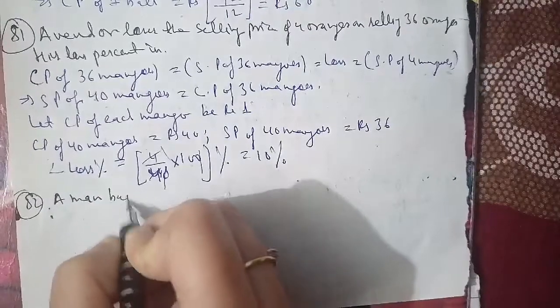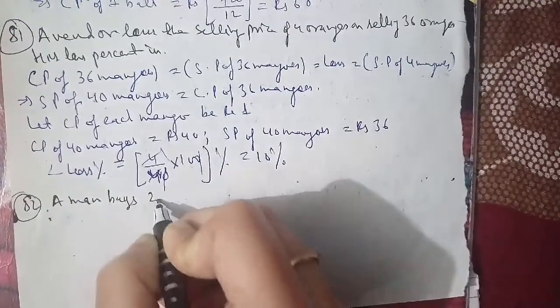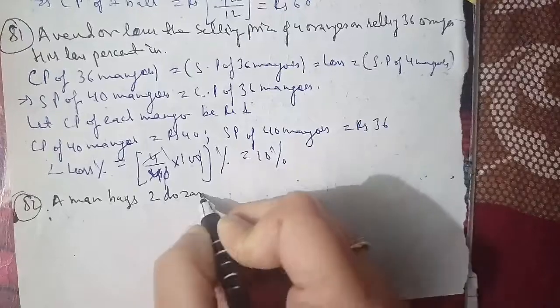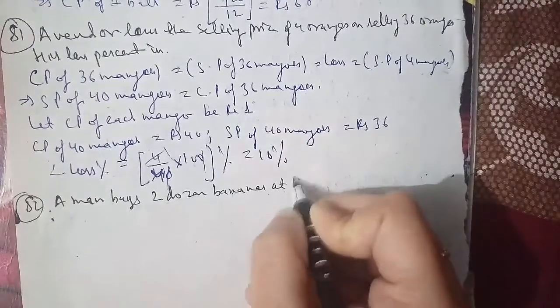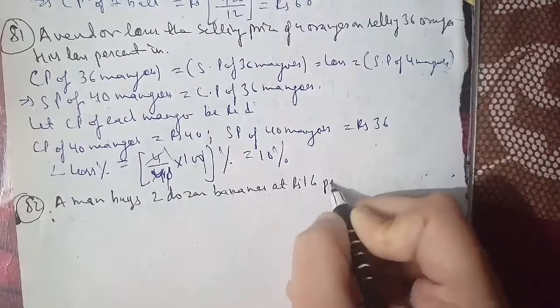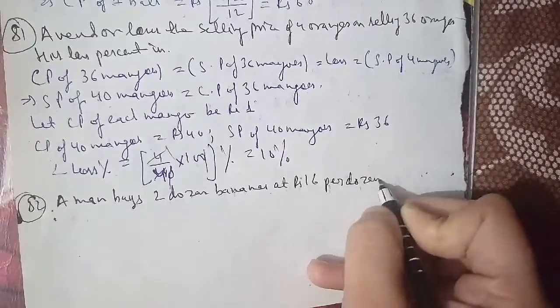A man buys 2 dozen bananas at rupees 16 per dozen.